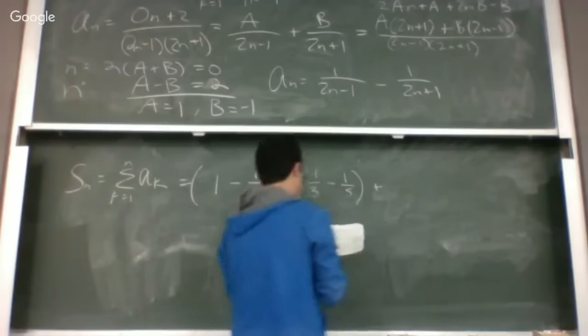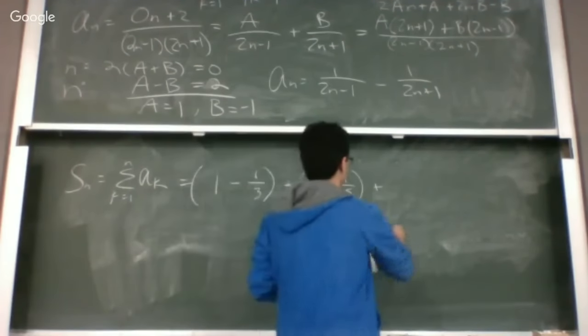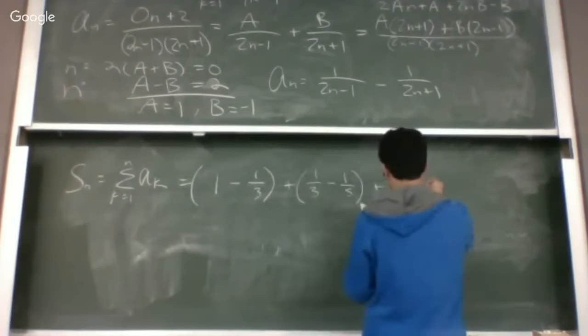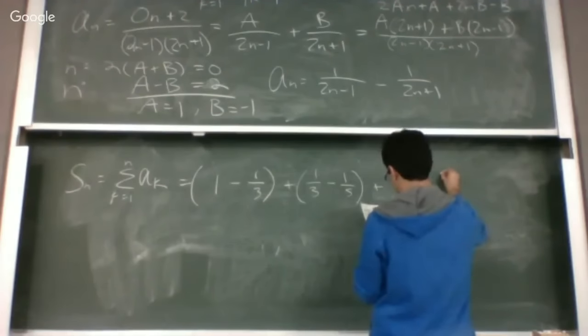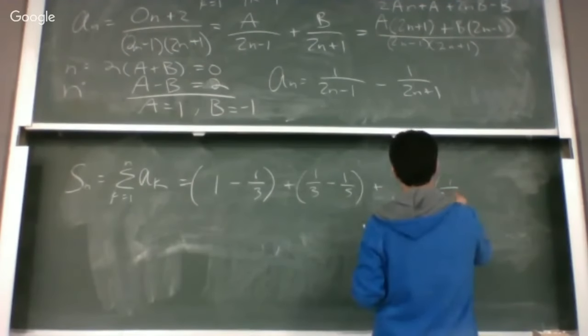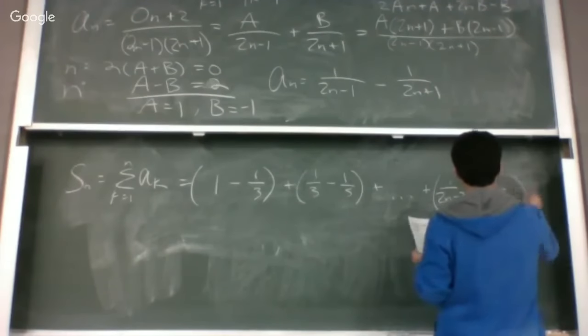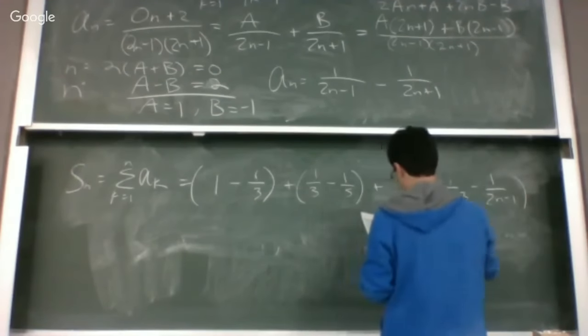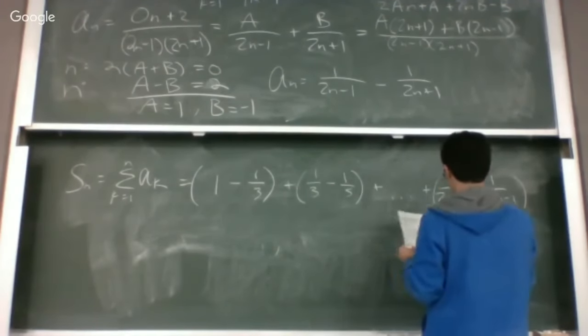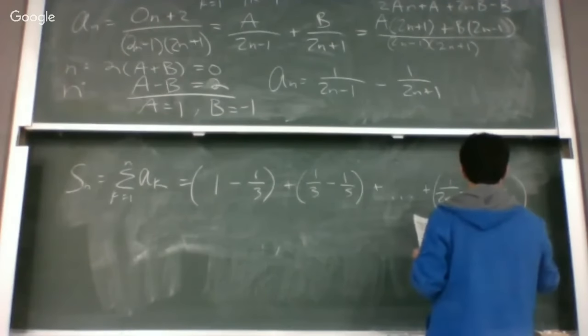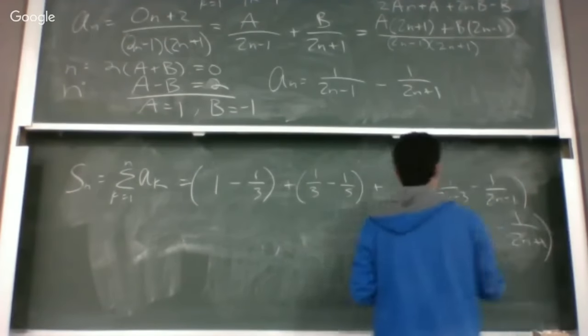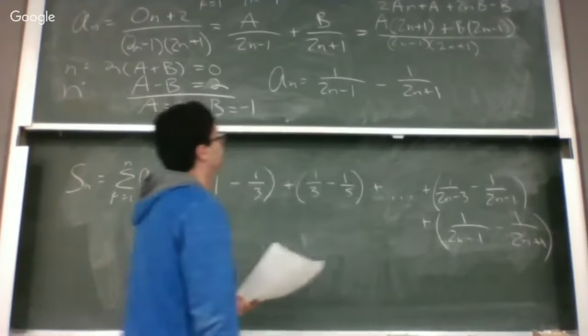Now, they show more than that, but that should be good enough to just put a dot, dot, dot, plus 1 over 2n minus 3 minus 1 over 2n minus 1, plus 1 over 2n minus 1 minus 1 over 2n plus 1. This is when we plug in an n minus 1 in there.